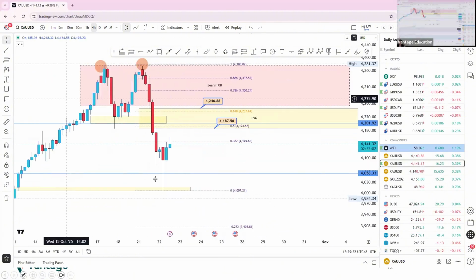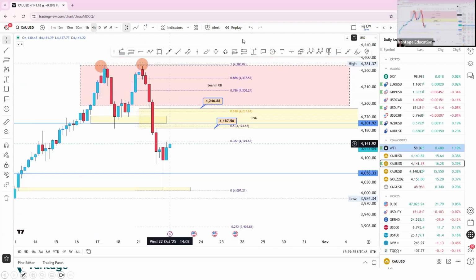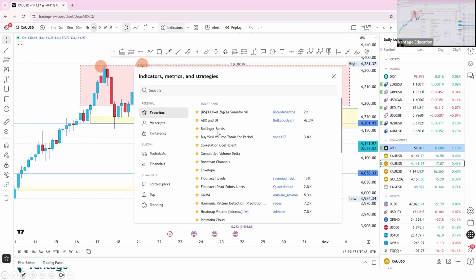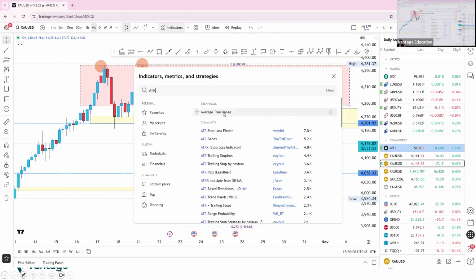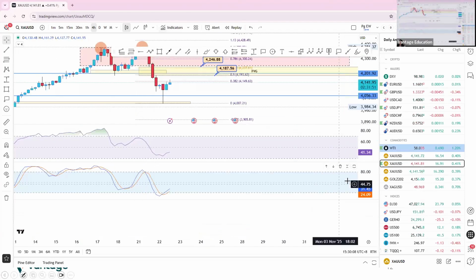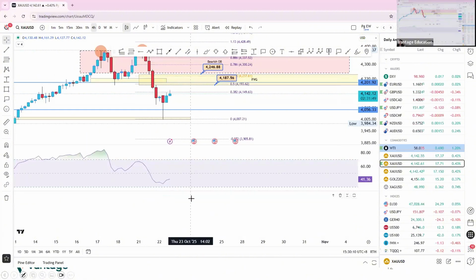But take note, guys, nowadays gold moves many pips. You can use ATR, the average true range, to see. Let me find where my ATR is.